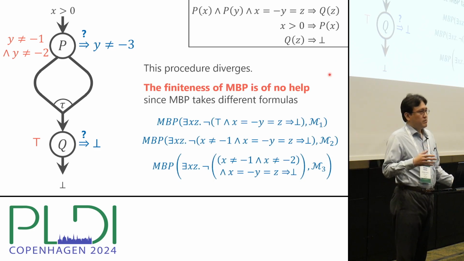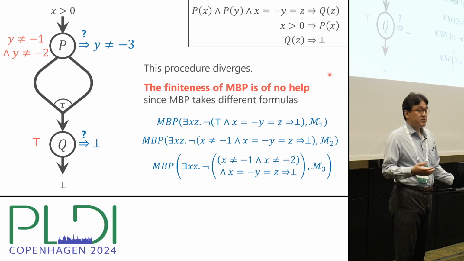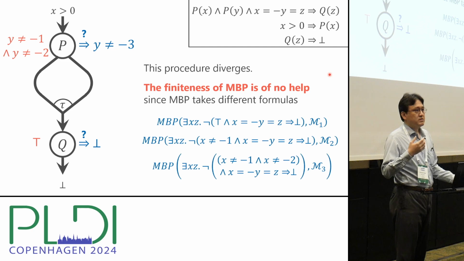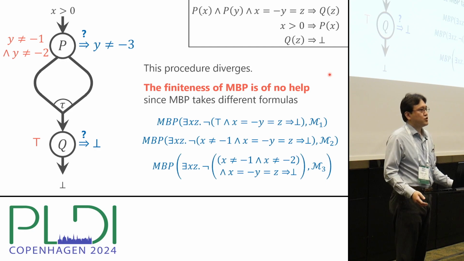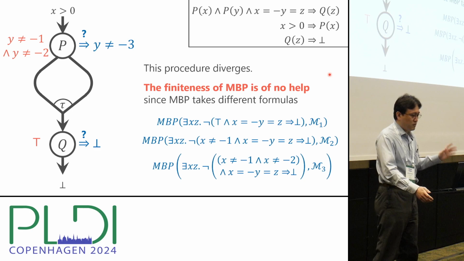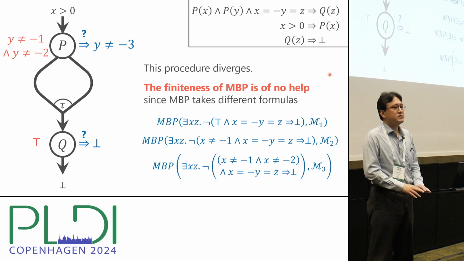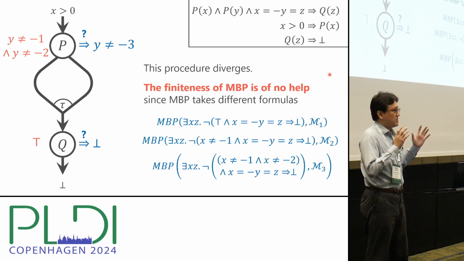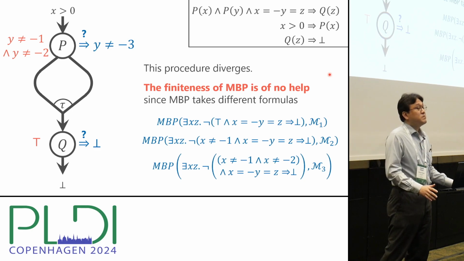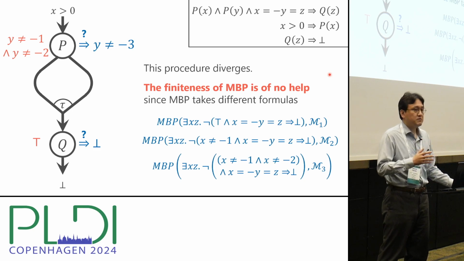If you are familiar with MBP, you may wonder why the finiteness guarantee of MBP does not help to terminate in this situation. This is because we apply MBP to infinitely many different formulas, but the finiteness guarantee of MBP is ensured only if it is applied to the same formula.